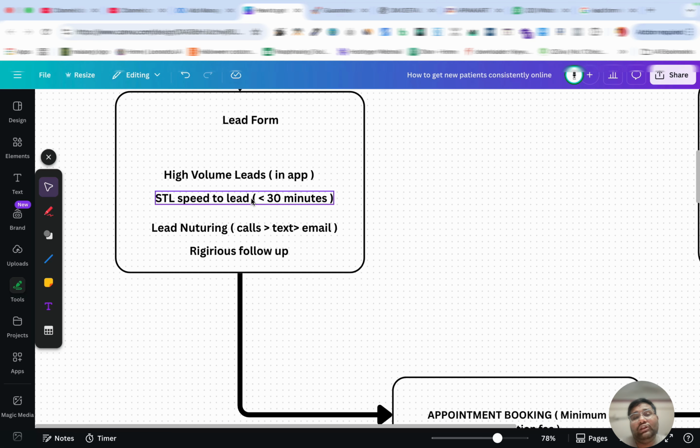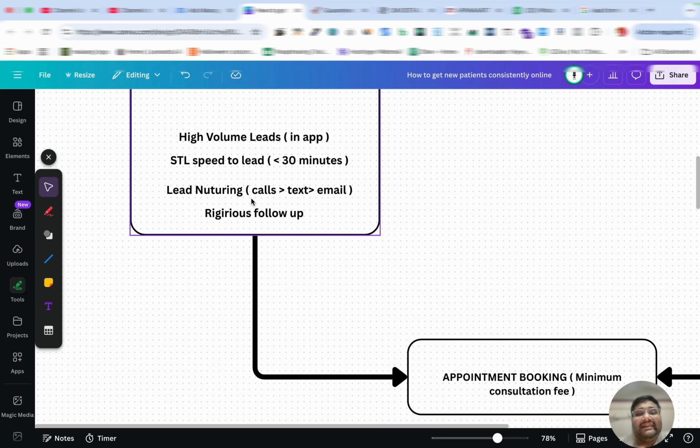To convert them, we need to work on a framework called speed to lead. It means we need to contact the lead within 30 minutes after they submit the form. The quicker you interact with them, the more chance of getting an appointment booking. If you let them wait, your competitor will steal them through immediate interaction. Lead nurturing means converting unknown people into well-known people through multiple touch points like calling them, understanding their problem, providing a basic solution, and asking them to visit the clinic.